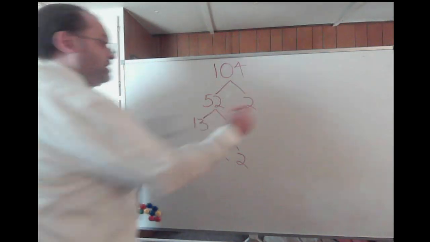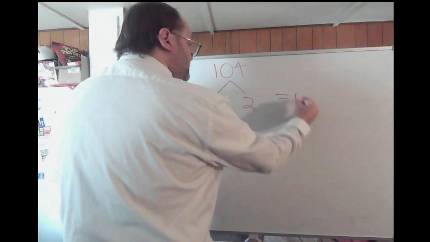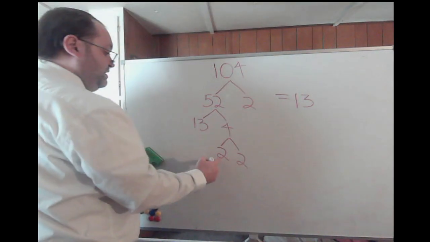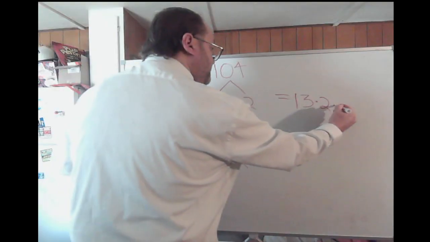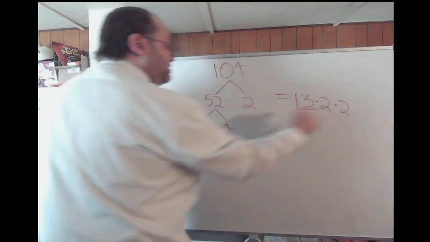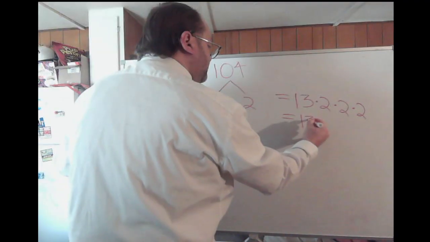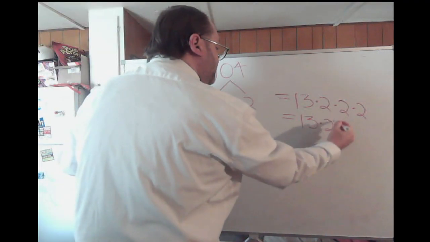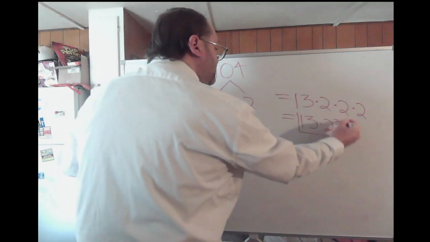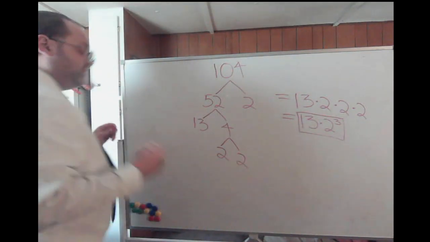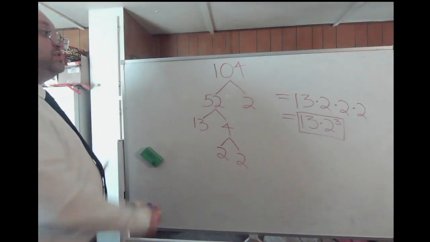So your prime factorization is going to be, at the end of this tree, you'll have 13 times 2 times 2 times 2. Or if you want to make it simpler, write 13 times 2 to the third. Because you have 2 times 2 times 2, that's 2 to the third. So the answer for this would be 13 times 2 to the third. That would be your prime factorization of 104.